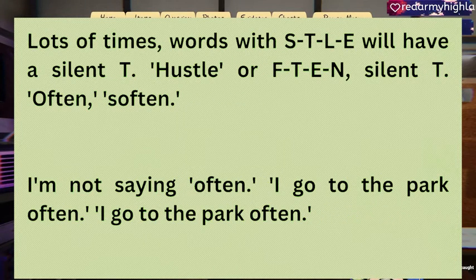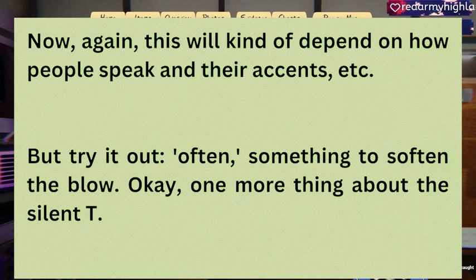Lots of times words with S-T-L-E will have a silent T. Hustle, or F-T-E-N, silent T. Often, soften. I'm not saying often. I go to the park often. Now, again, this will kind of depend on how people speak and their accents, etc. But try it out. Often. Something to soften the blow.